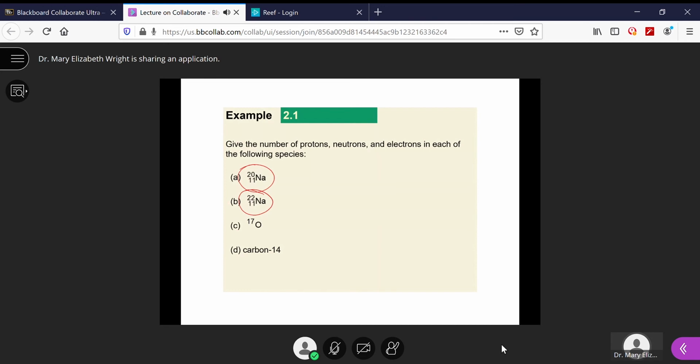These are 2 different isotopes of sodium. So you guys tell me, if this is the mass number, which it is, and this is the atomic number, which it is, how many neutrons does sodium have?